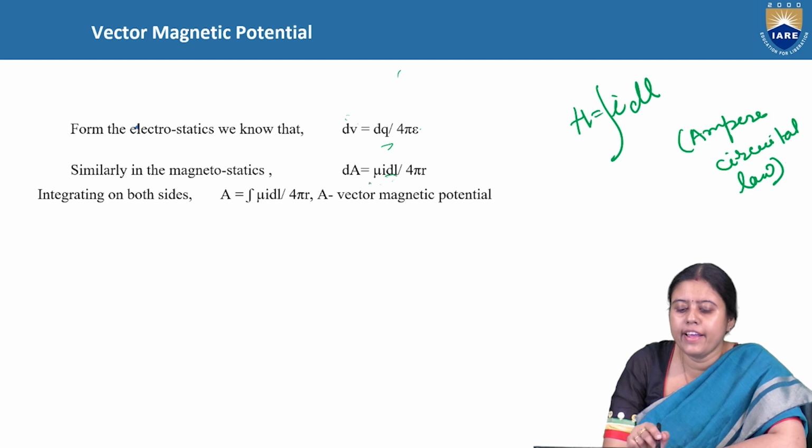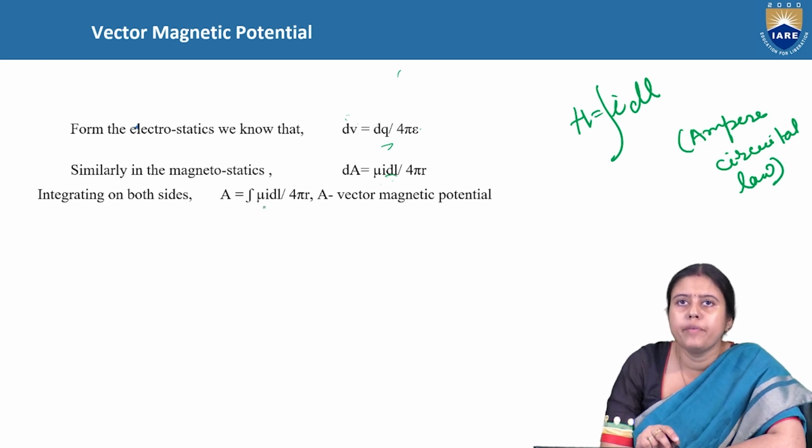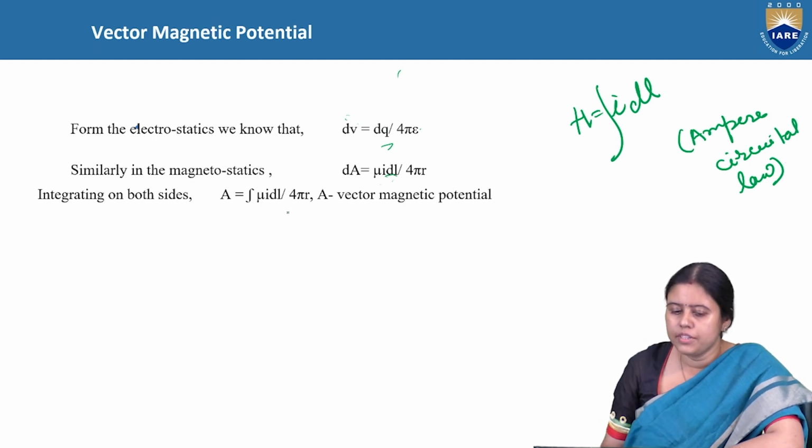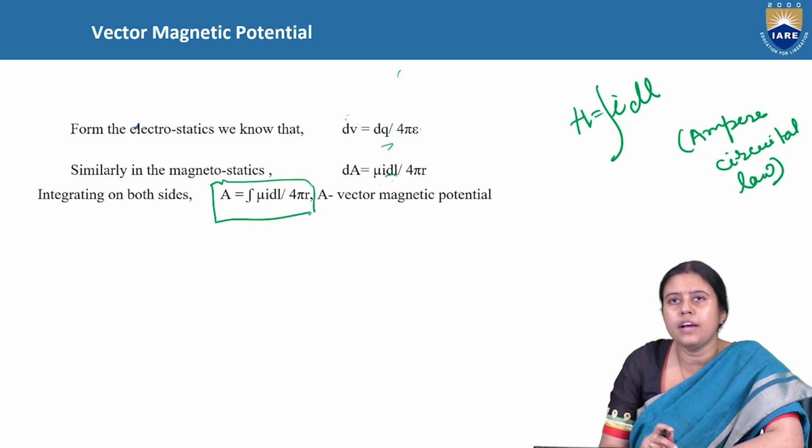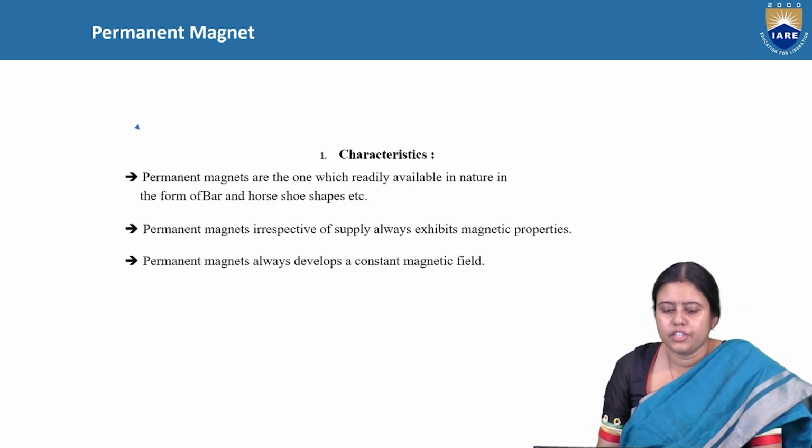So we can write A is equal to the integration of mu I dL by 4 pi R. So this is the form of the magnetic potential.